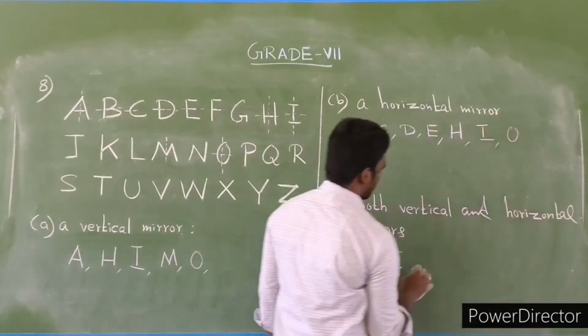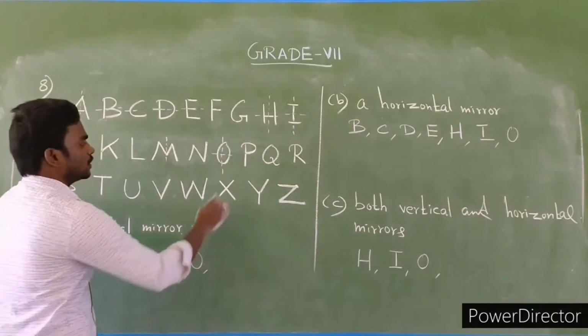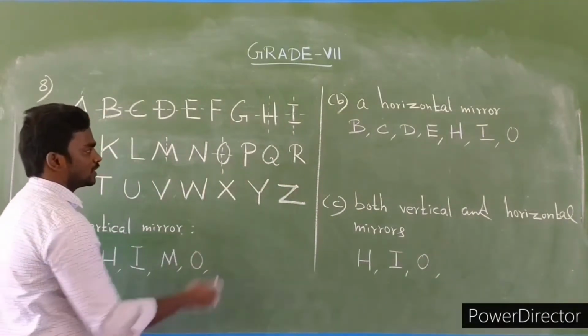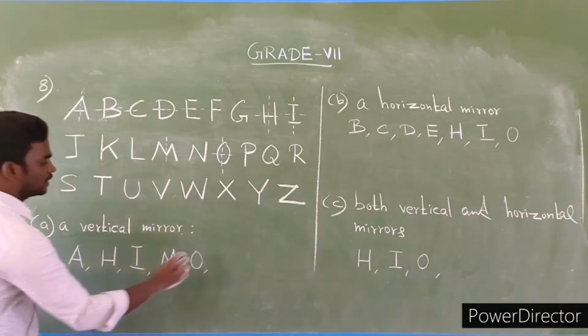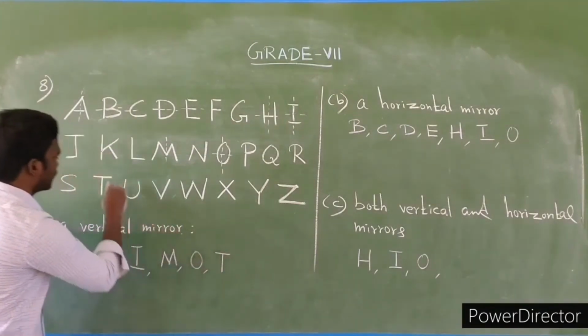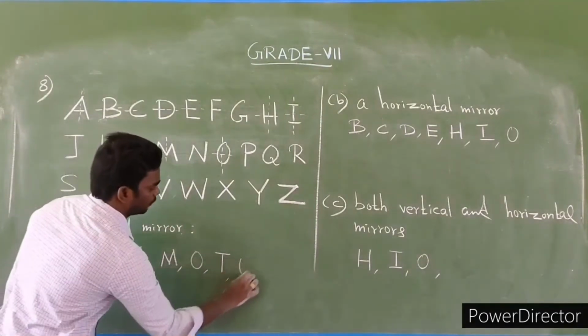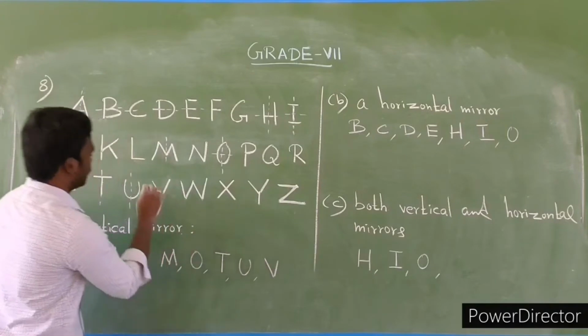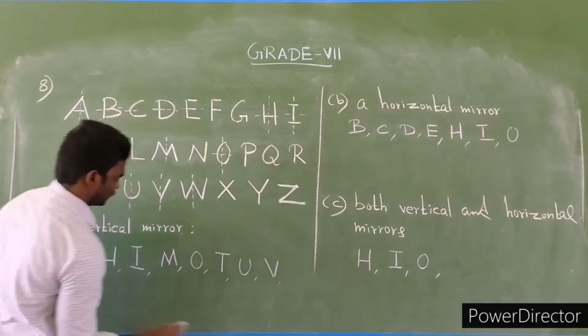Letters P, Q and S have no line of symmetry. T is a vertical mirror. U is also a vertical mirror, and V is also a vertical mirror. Then W is also a vertical mirror.